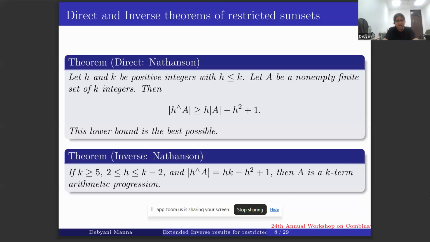And the direct result for the restricted H-fold sumset is: let h and k be positive integers with h less than or equal to k, and A a non-empty finite set of k integers. Then the cardinality of h-hat A is greater than or equal to h times the cardinality of A minus h squared plus 1. For 2 less than or equal to h less than or equal to k minus 2 and k greater than or equal to 5, equality holds when A is a k-term arithmetic progression.